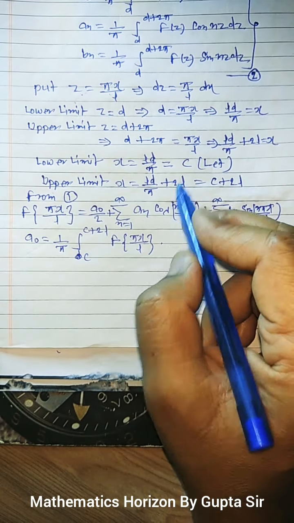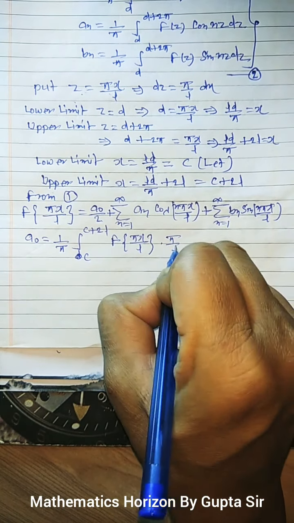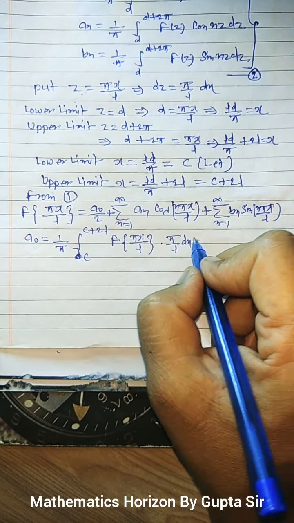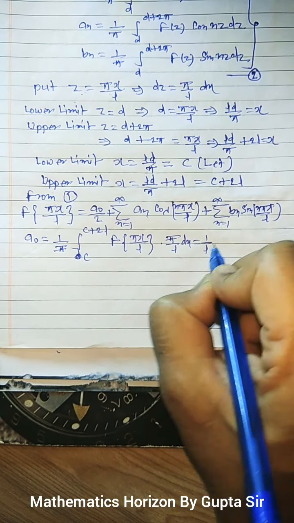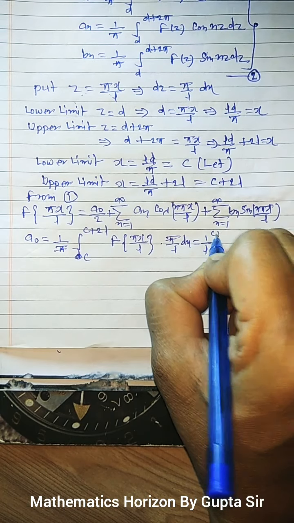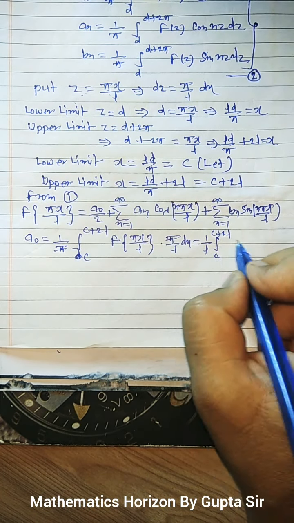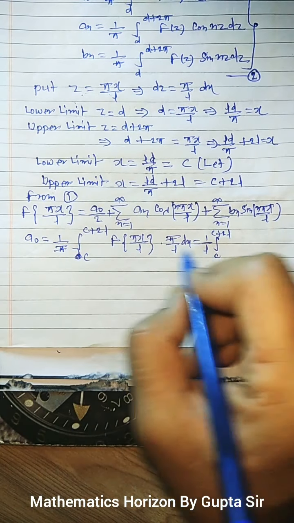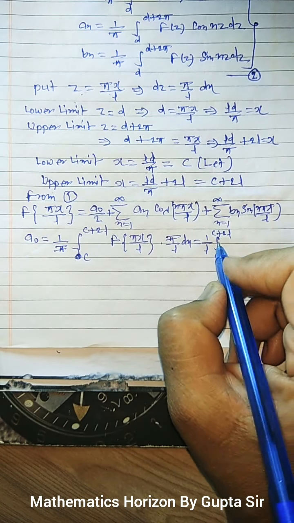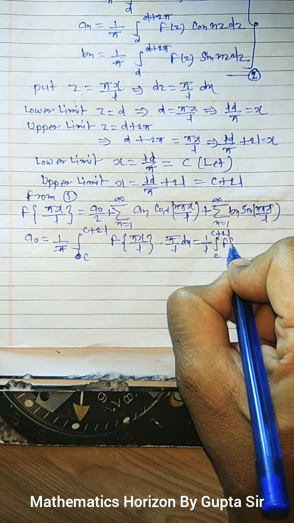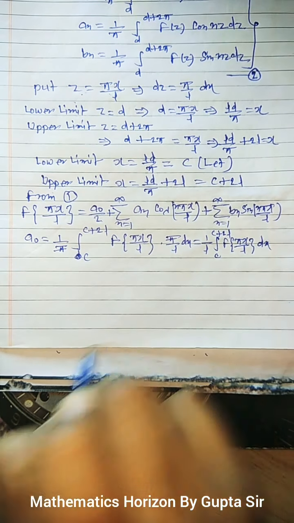And what is dz? Dz is pi upon L dx. On solving, this pi cancels out. 1 upon L integral from c to c plus 2L of f(pi x upon L) dx.